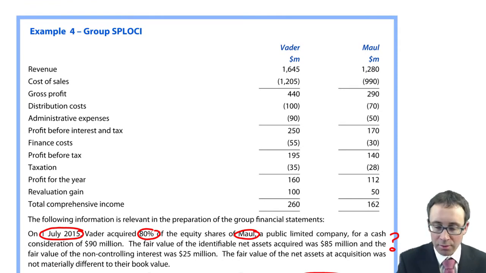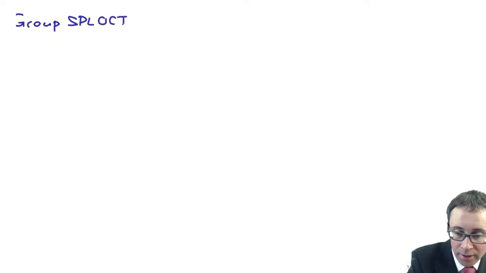And have a look at the group statement of profit or loss. So what we've got there is your group statement of profit or loss and other comprehensive income.